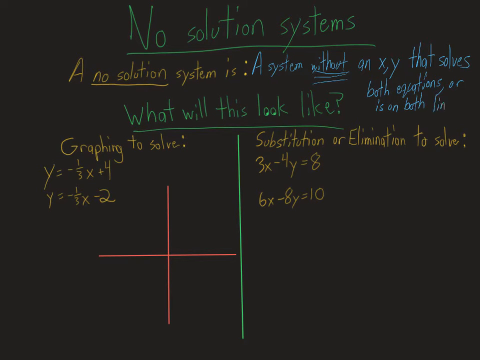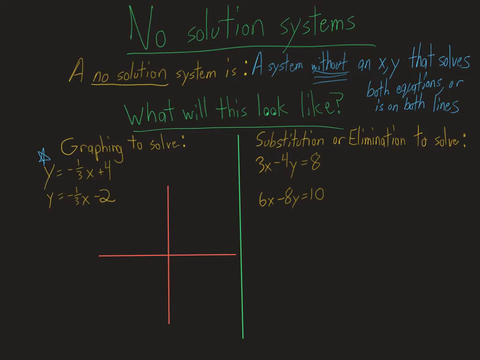If we're talking about the 2 equations as graphed lines, there won't be a point where they both cross. If we look at them as equations, there won't be an X and Y value that makes both of them true. Okay, so looking here, graphing to solve, here's a great example with this system right here.